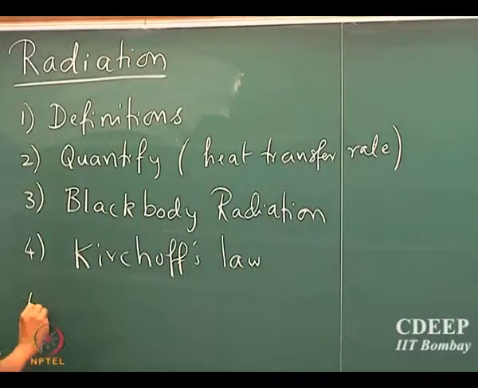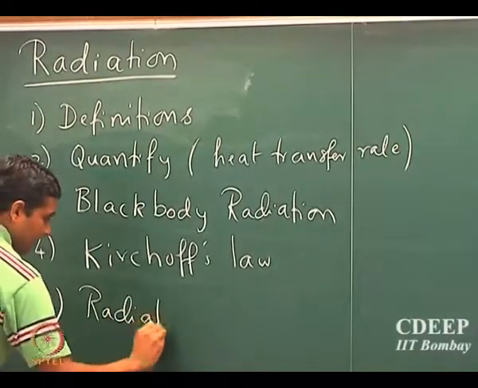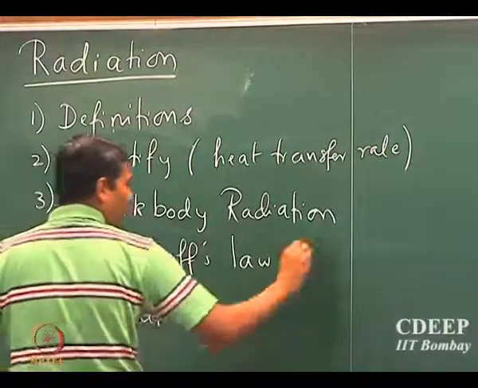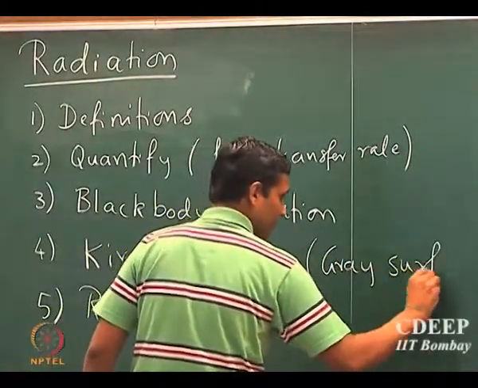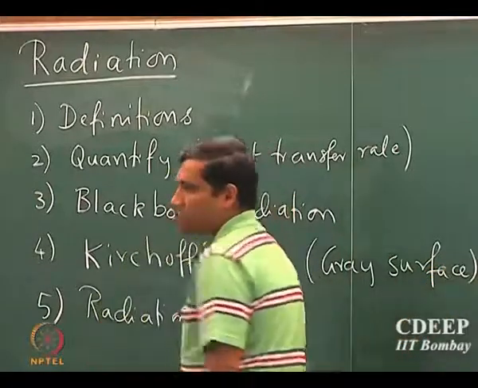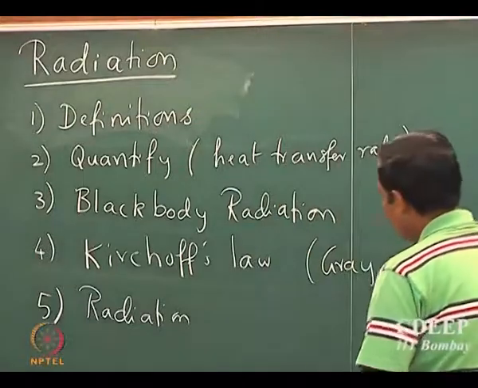And then, while doing this, we will also cover what are called gray surfaces. What is the definition of a gray surface and how to quantify them, we will look at that.